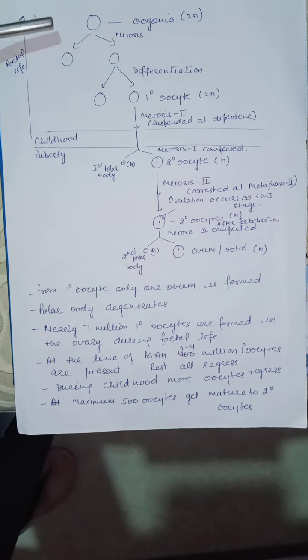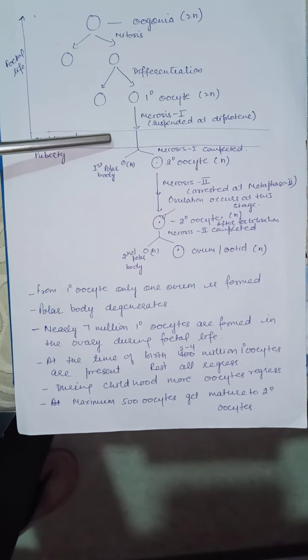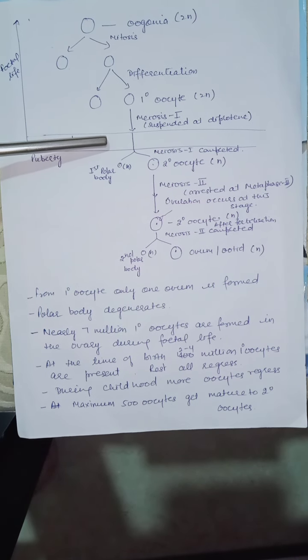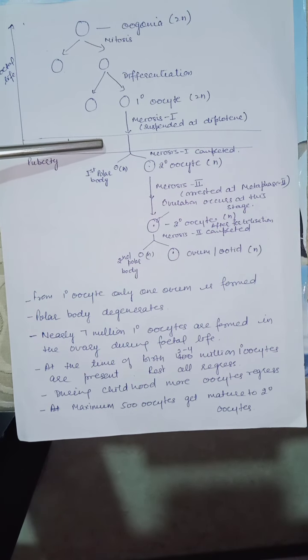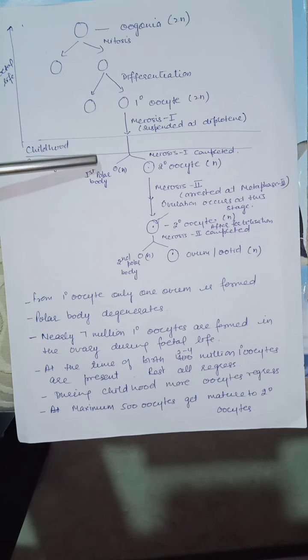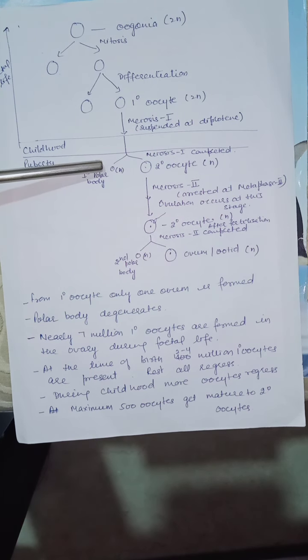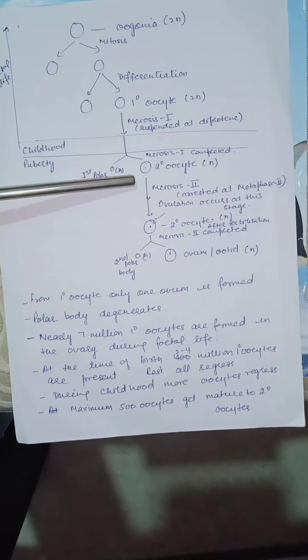So, oogonia are present in the fetal life. They differentiate to form primary oocyte. Primary oocyte enters into meiosis 1, and meiosis 1 is arrested at prophase 1 diplotene stage. This remains arrested till puberty. After reaching the age of puberty, meiosis 1 is completed and secondary oocyte is formed.